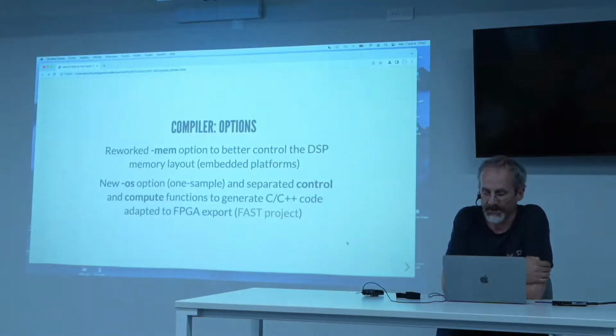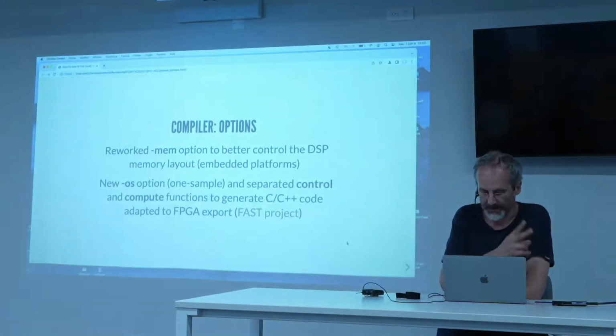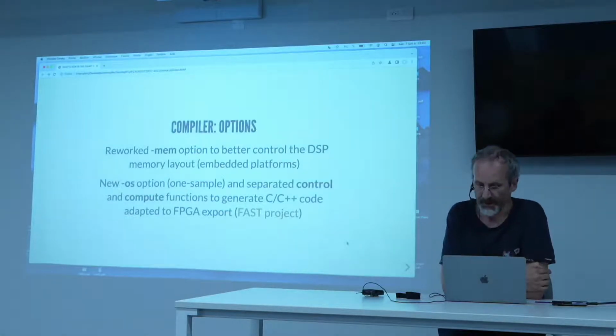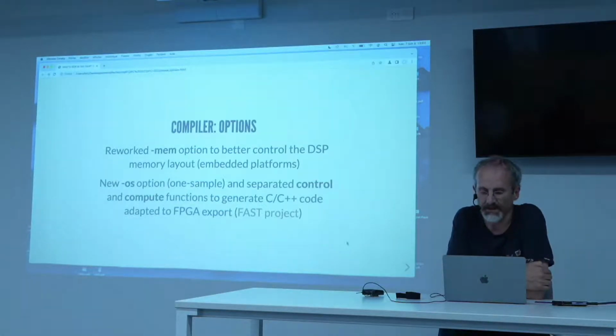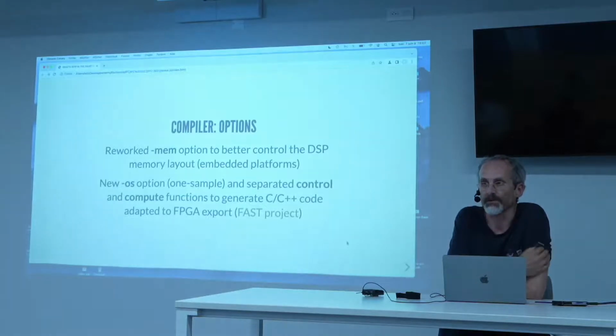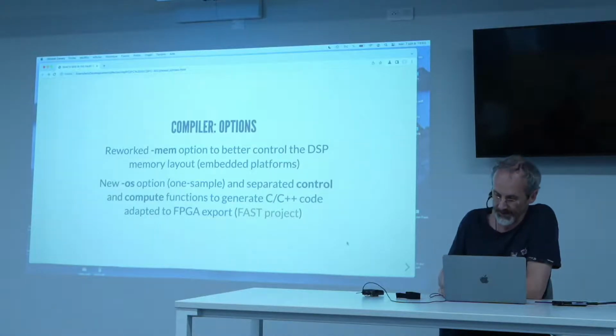Here, with this new option, we have a way to separate them into two different functions, and this allows calling the control function possibly in a separate way, and calling the compute function at separate places in the architecture file. We use this in particular in the Faust project when we want to target the FPGA. In this case, we also want to compute sample by sample. So with the one sample option we can have a compute function that computes only a single sample each time.